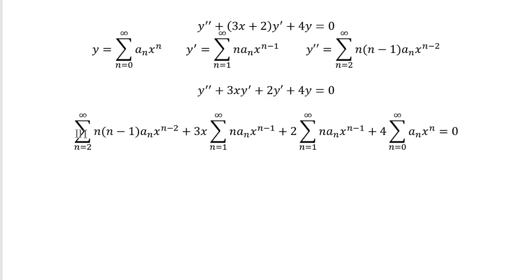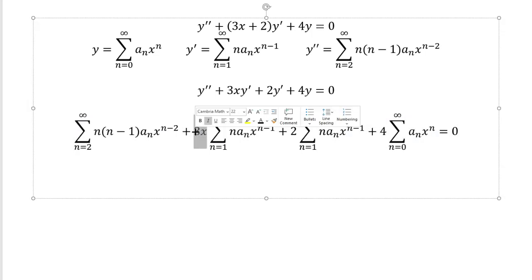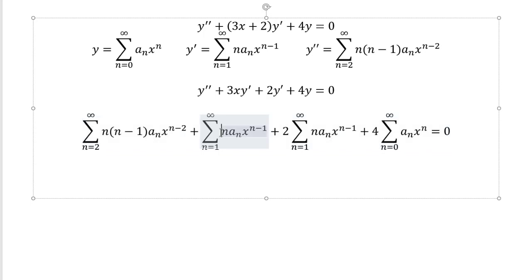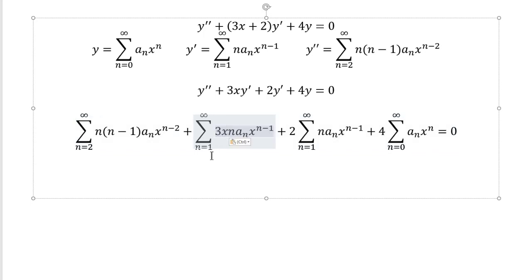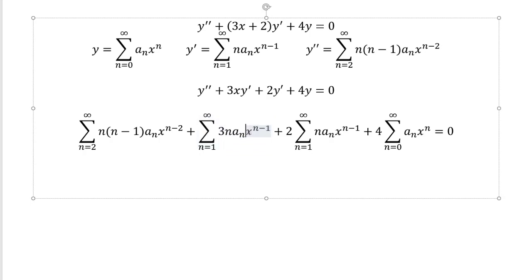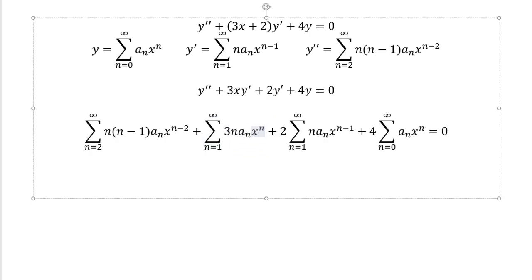Okay, now starting from here, I actually have to type a lot, so bear with me here. So what I want to do is move this 3x inside, and then say, oh, x times x to the n minus 1, that's just x to the nth power, isn't it? Right?